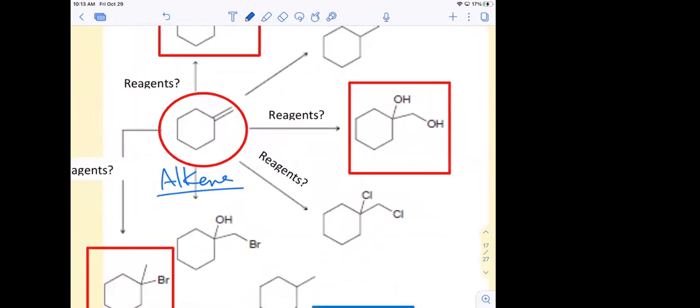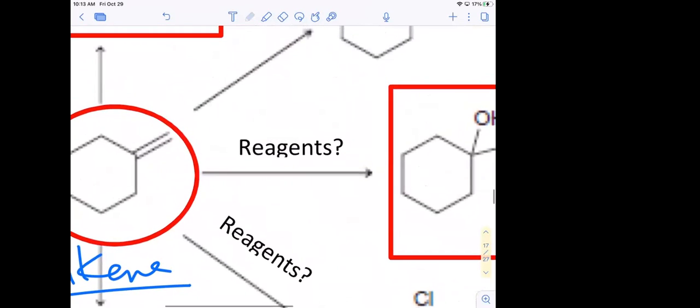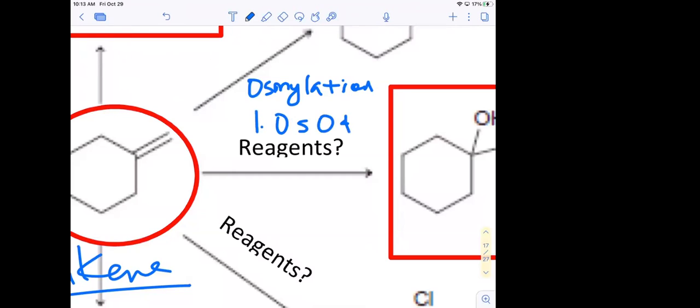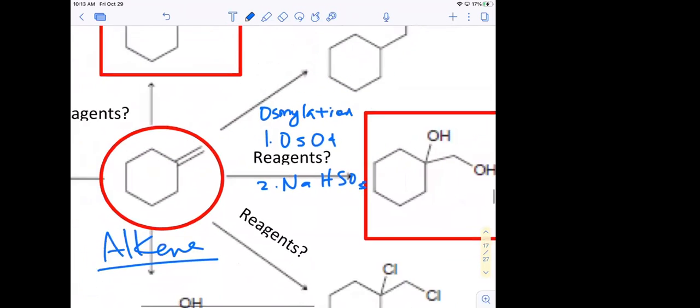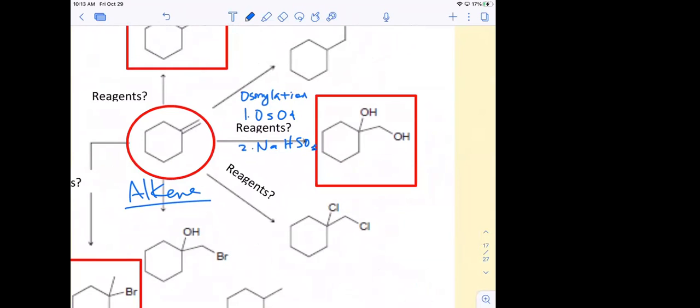Good, excellent. Osmium tetroxide, right? So the reaction is what we call osmylation. And the reagents are 1, osmium tetroxide, OsO4, and then 2, sodium hydrogen sulfite. Is that right? That was on your flashcard? Yes. All right, good. That's what should be on your flashcard.